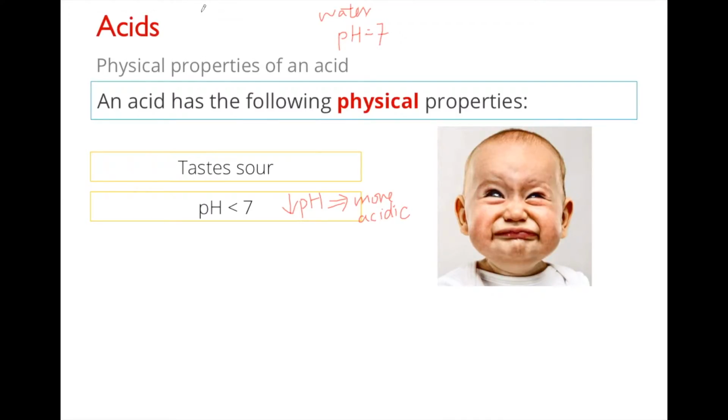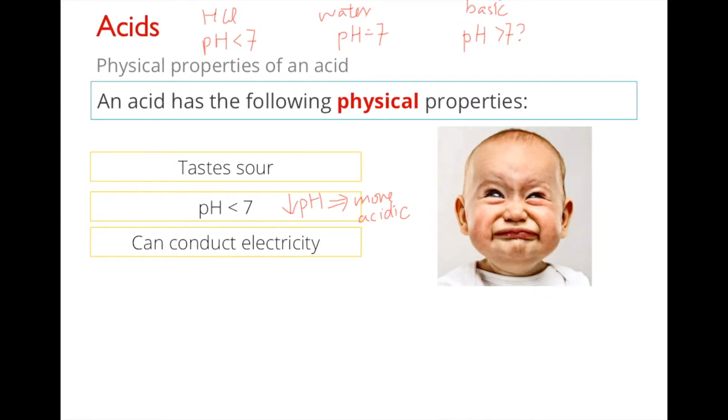If you have a solution of your HCl, the pH would definitely be less than 7, because a solution of HCl is more acidic than water. What about when pH is more than 7? This is when we call it a basic solution, which we will learn about very soon.